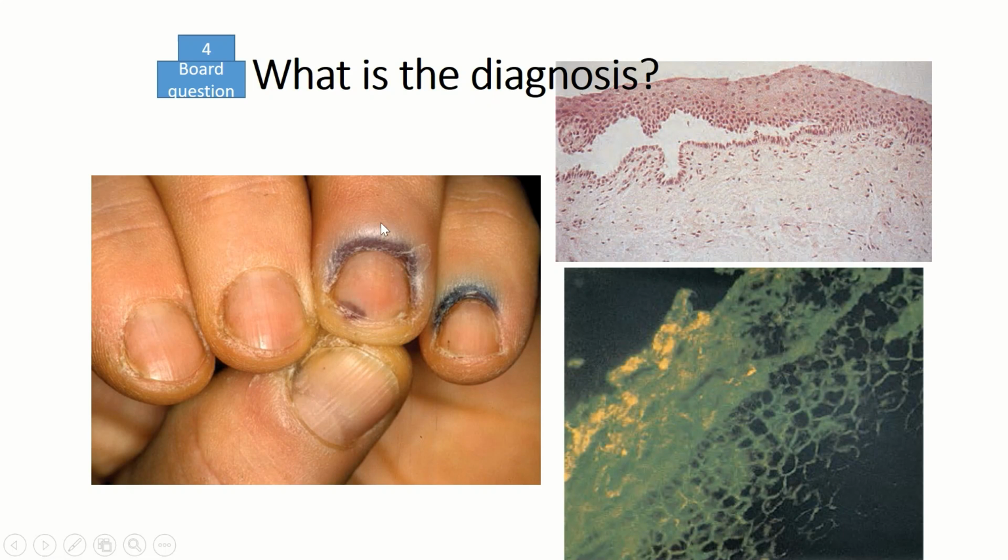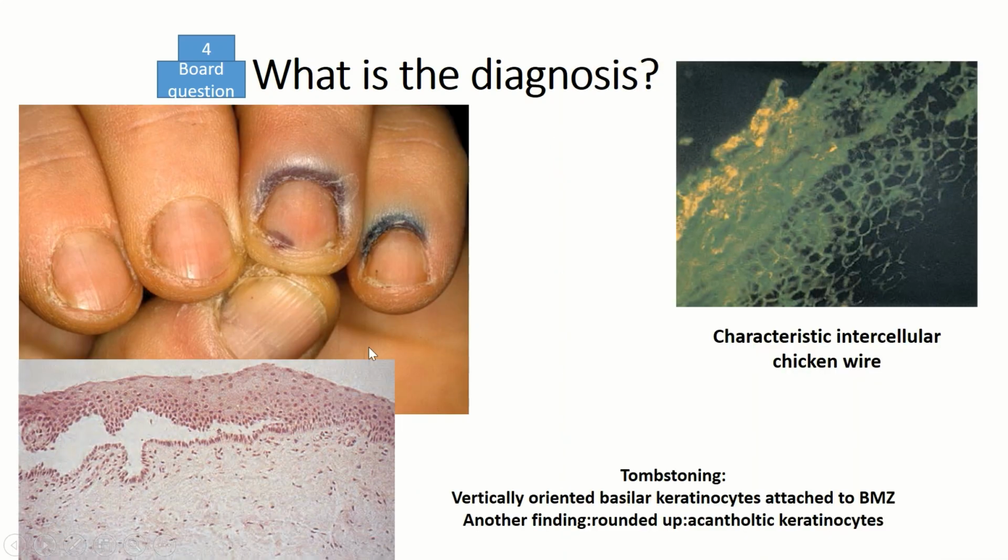Here you see some bulla formation. In histopathology, there is intraepidermal, actually suprabasilar involvement, and here is intercellular involvement. So the diagnosis of this case is pemphigus vulgaris. What you see here as intercellular involvement is a view that looks like chicken wire.